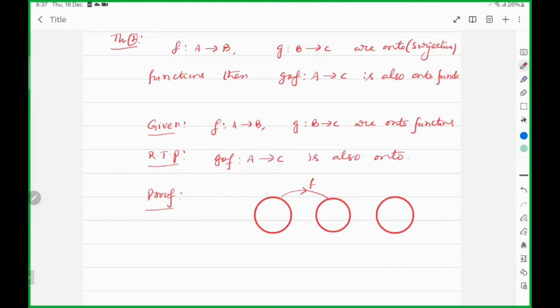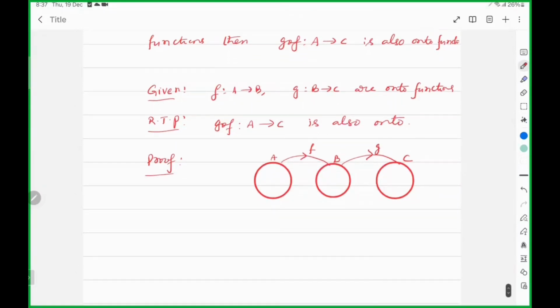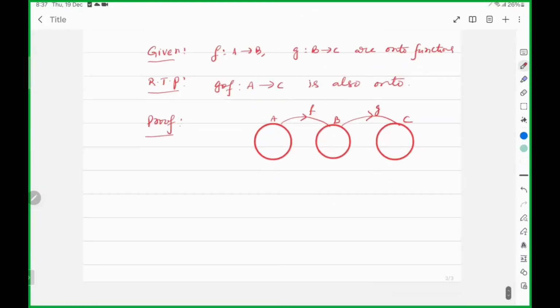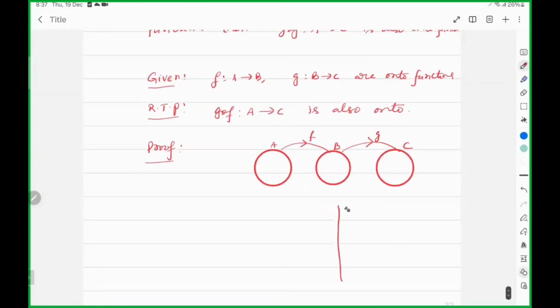Here g circle f means start with f, the domain of f. So how to prove one function is onto?